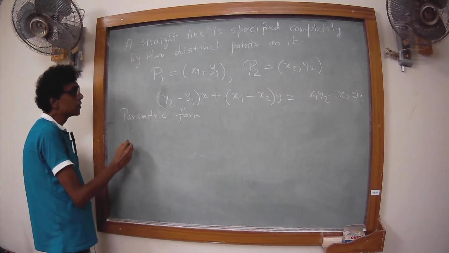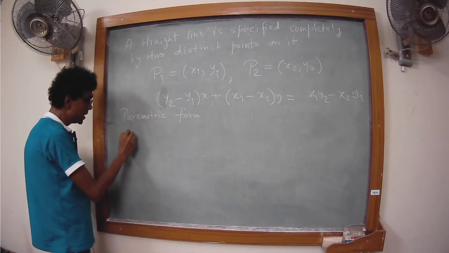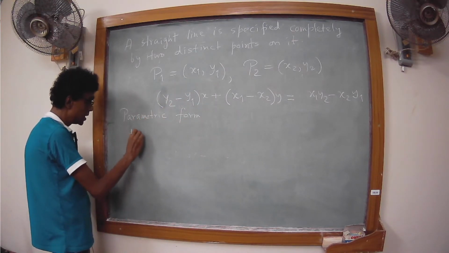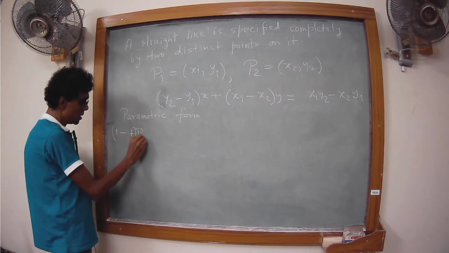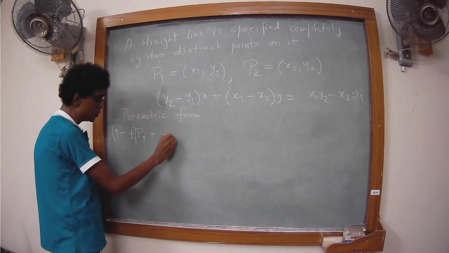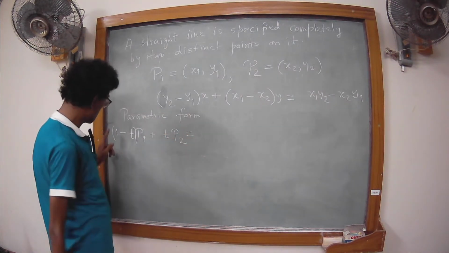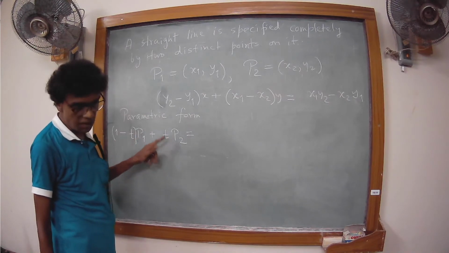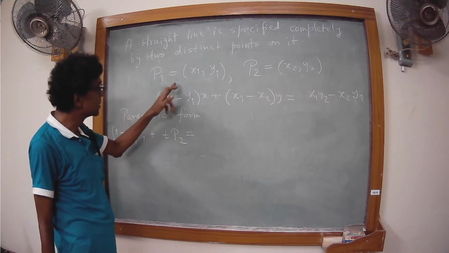So all points on this line passing through P1 and P2 can be given by (1 minus t) P1 plus t P2. So I apply this 1 minus t operation, this multiplication by t, and then addition individually on the x and y coordinates.